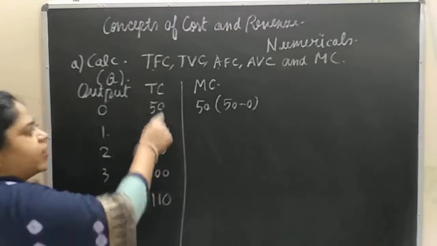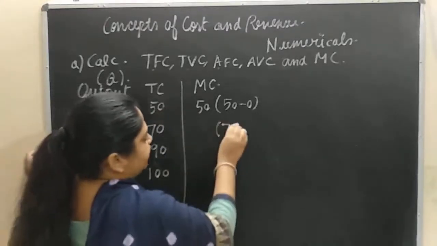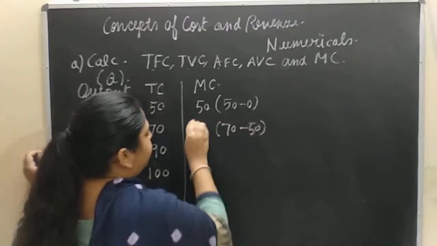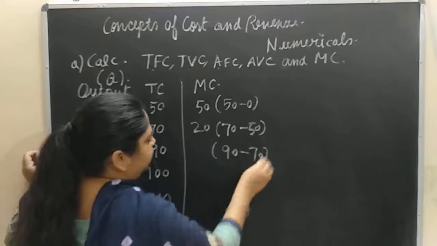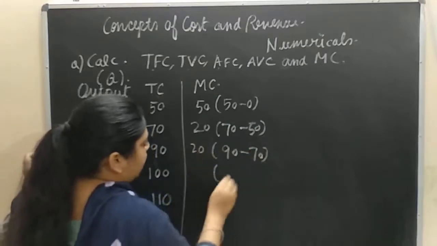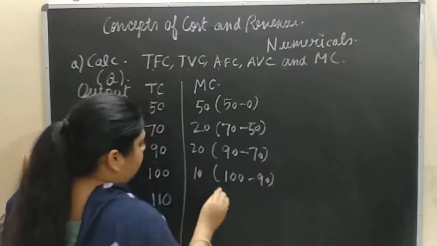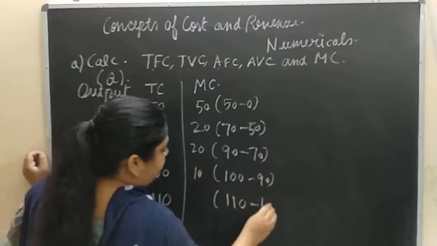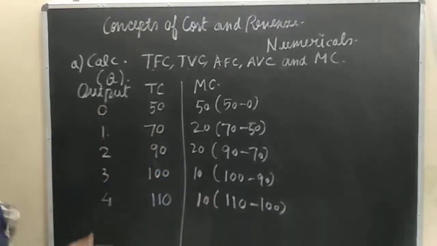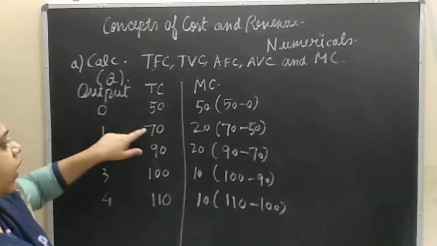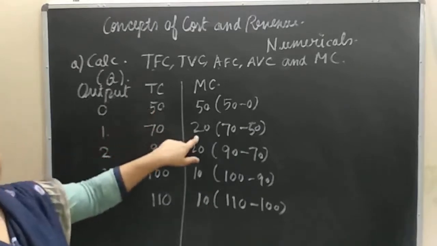From the lower value, subtract the upper value and write the result alongside. 70 minus 50 equal to 20. 90 minus 70 equal to 20. 100 minus 90 equal to 10. 110 minus 100 equal to 10. This is how you are calculating the marginal cost.